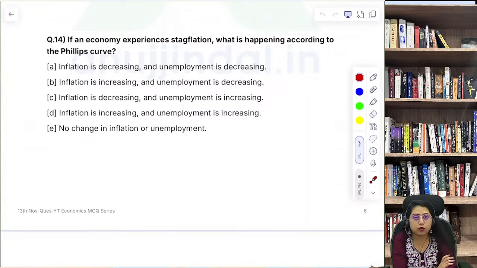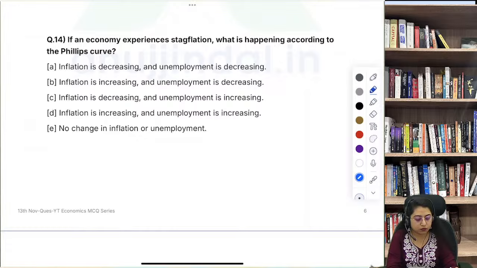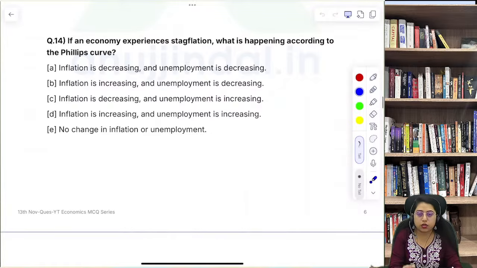So I want all of you to answer in the comment section about the terms like deflation. Okay, I'm unable to take it. So deflation, disinflation, and stagflation.